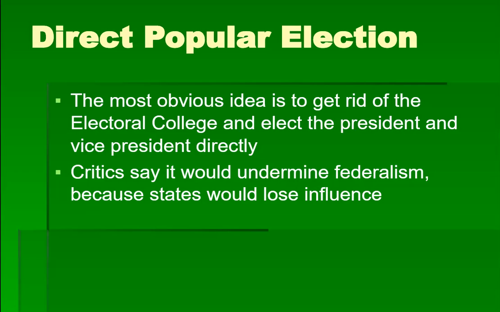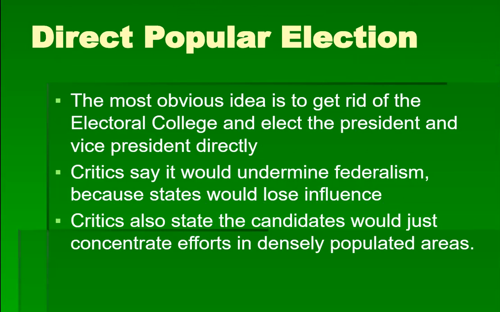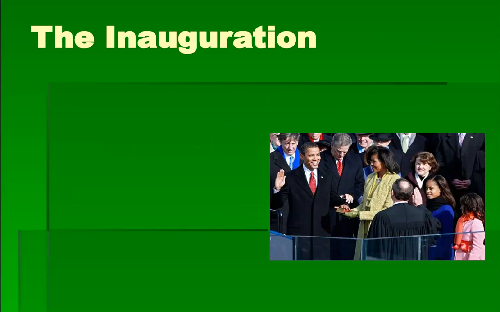So larger states such as New York and California would pretty much definitely be able to choose the president. And those smaller states in the Midwest, they would have little to no voice at all in the presidential election. Critics also state the candidates would just concentrate efforts in densely populated areas, mainly cities, leaving rural areas outside.